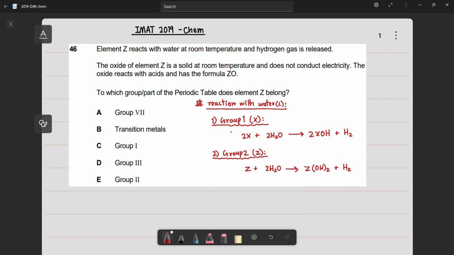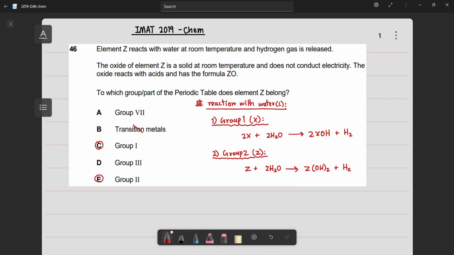So in these 5 given options, we will mainly focus on group 2 and group 1 elements, because as I said, they're more reactive with water, but still we haven't decided yet. The reason I haven't considered the other groups is that transition metals are not very reactive with water at room temperature, so we'll ignore them.